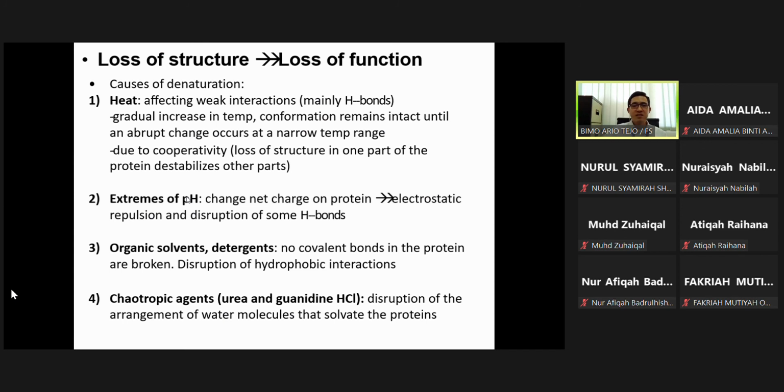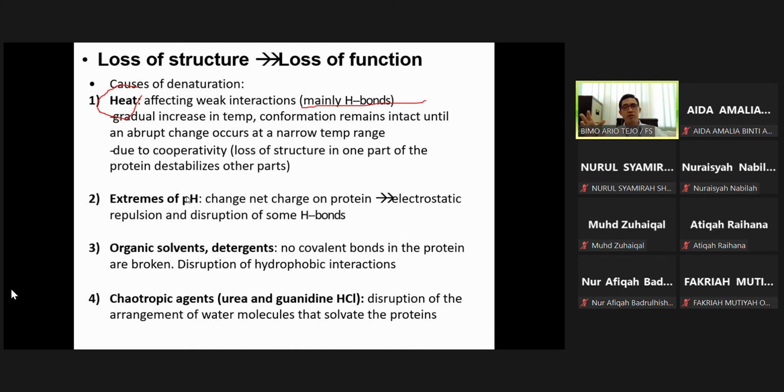Yang pertama, panas. Heat. Heat could destroy the protein because it will destroy the non-covalent bonds. I explained yesterday, the protein structure is maintained by weak interactions: hydrogen bond, London dispersion, hydrophobic interaction, where all these weak interactions can be destroyed by heat.